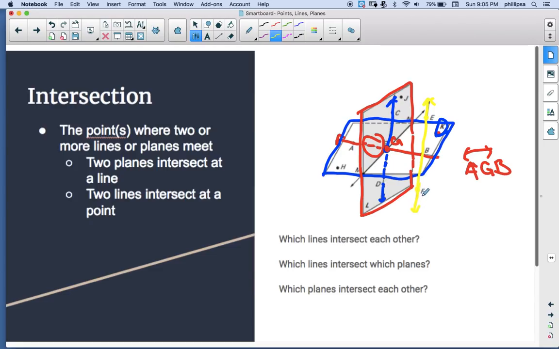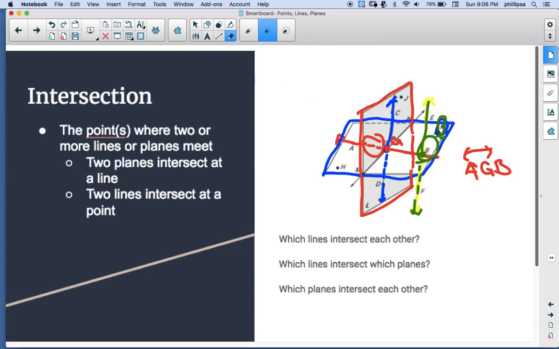Line EF is passing through plane K or intersecting plane K at B.